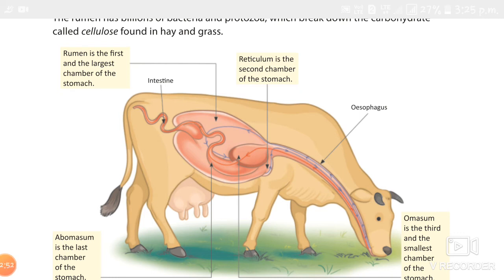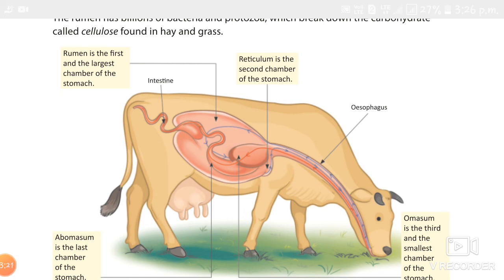What is ingestion? The intake of food into the body is called ingestion. And what is digestion? The breakdown of food into simpler substances is called digestion.